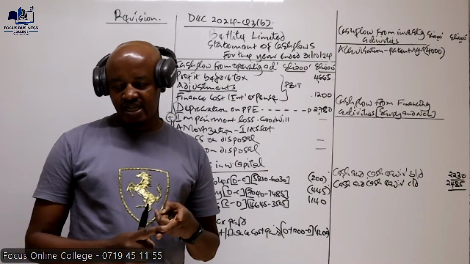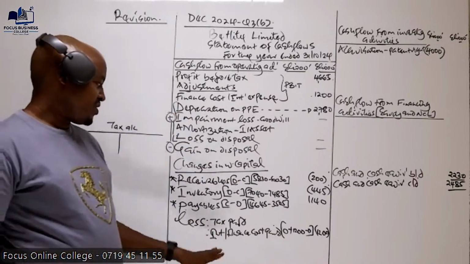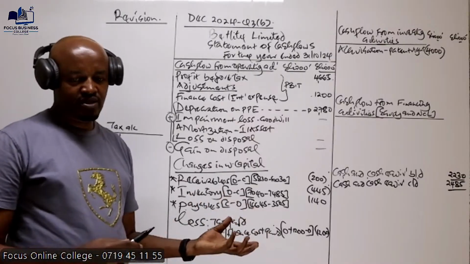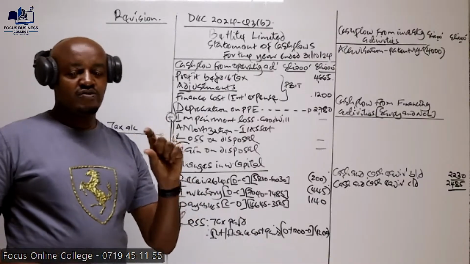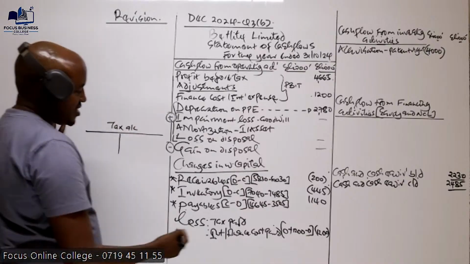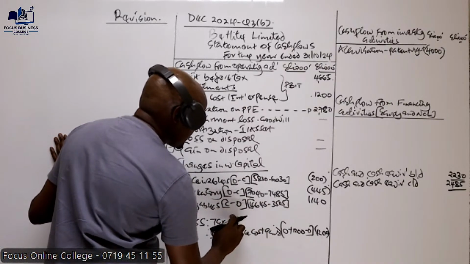And also under the current liabilities, we also have the current tax. You can compute the tax which was paid using the same approach without necessarily preparing a ledger account. But in that case, you must appreciate that we have two components of tax liability. So let's just use the same approach to compute the tax which was paid here.